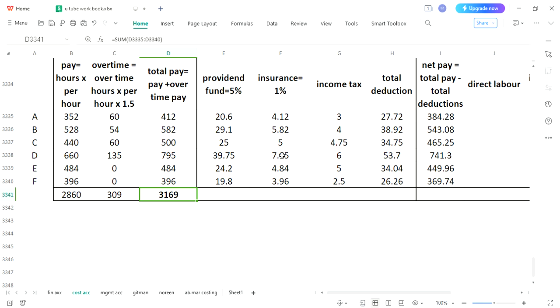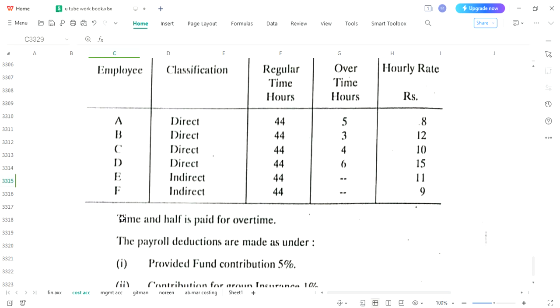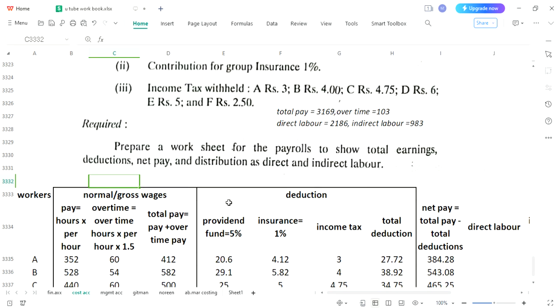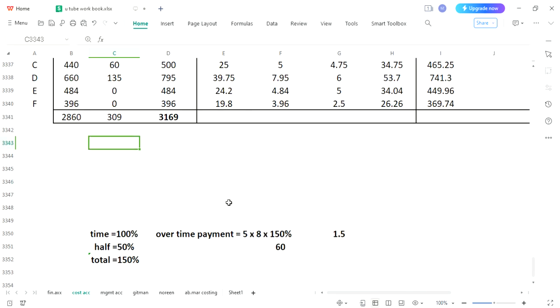And one thing I would add: we had taken extra hours over here. We have not calculated overtime separately. We have not added overtime hours in normal hours. So if you want to separate these overtimes, you can calculate. For that, what you will do, overtime hours are 5, 3, 4, 6.